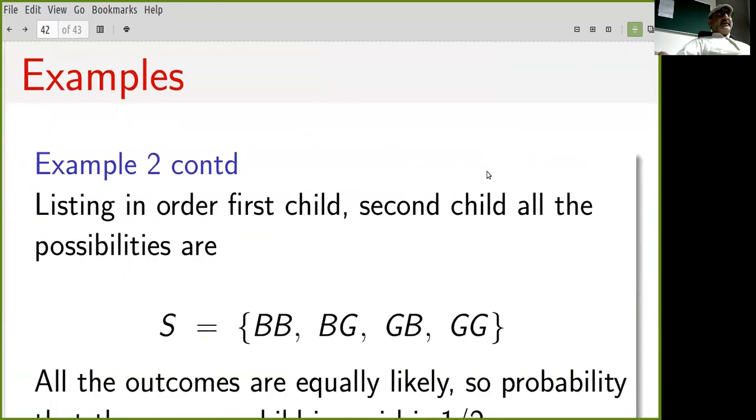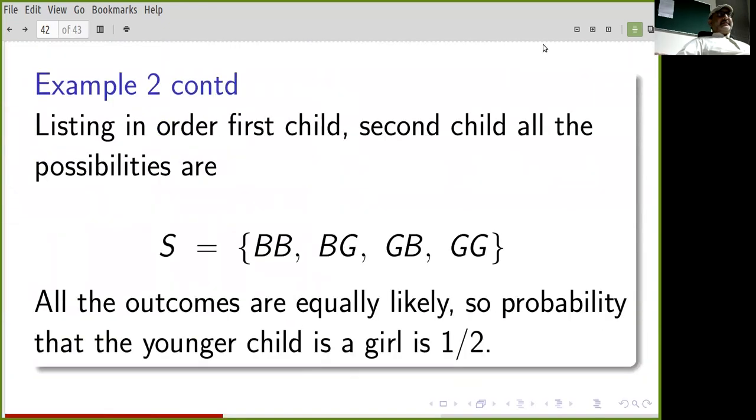So if we list, in simple cases, you can just list all the elements of the set S. Boy and then a boy, boy and then a girl, girl and then a boy, girl and then a girl. All the outcomes are equally likely. If you just ask about the probability that the younger child is a girl, that's this one and this one.